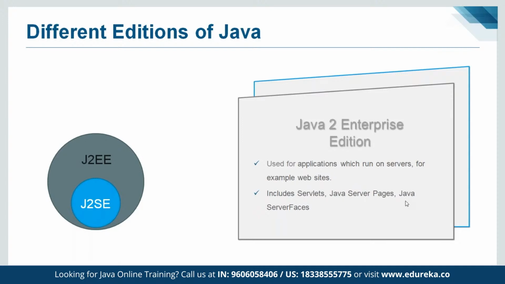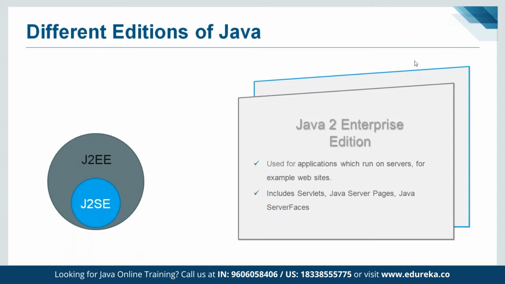But think about State Bank of India: they have an application installed on a server, and people all over the world who have an account with State Bank of India can open their browser and send a request to onlinesbi.com, and they will get the response back, the home page.